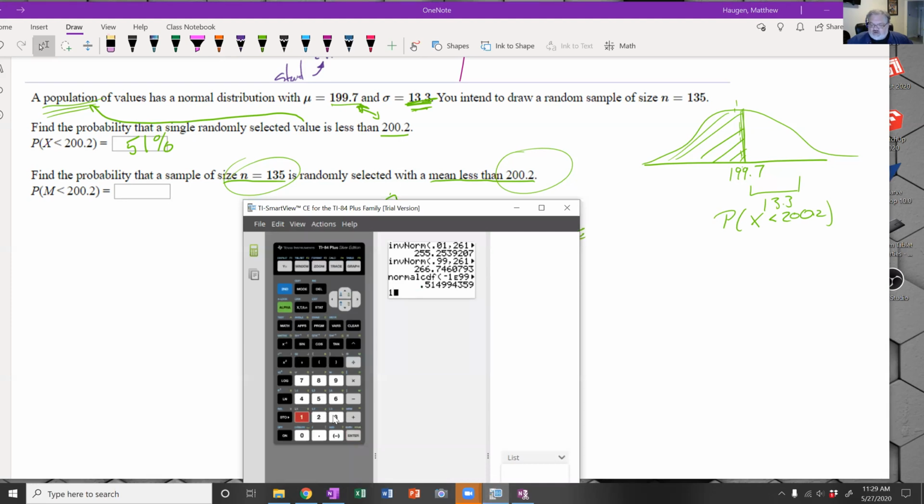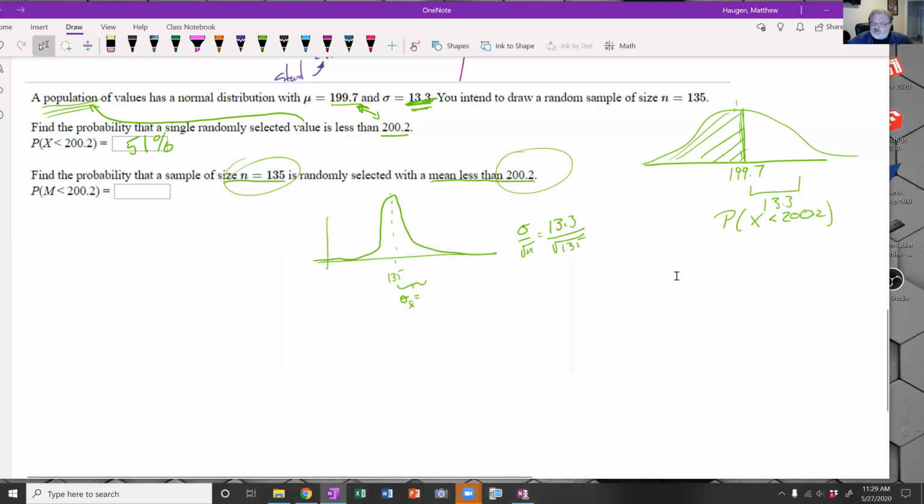So that's 13.3 divided by the square root of 135, which is 1.14. Is that right? 1.14? I'm going to assume that's right. Yep. So 1.14, so much, much, much smaller.